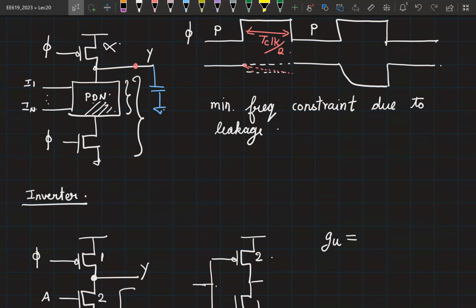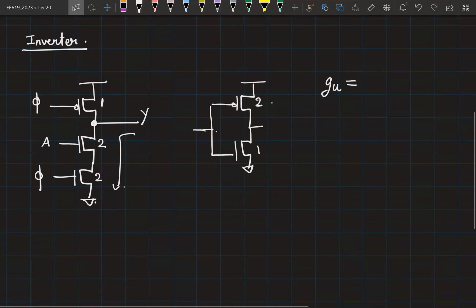You are either going to hold it as it is, or you will have a falling edge. So the calculation of GU is not even relevant. Is that clear? Okay, so we are discussing logical effort with respect to A, right?